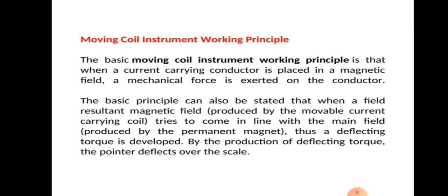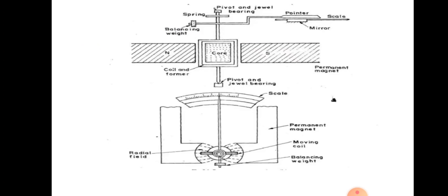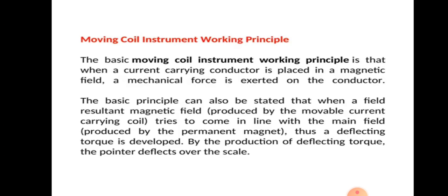Okay, so as from the previous figure we can see, the conductor at the center, the coil, is kept between the magnets. So when it is kept between the magnets, a mechanical force will be exerted on the conductor, and this mechanical force will tend to move the pointer around the scale.